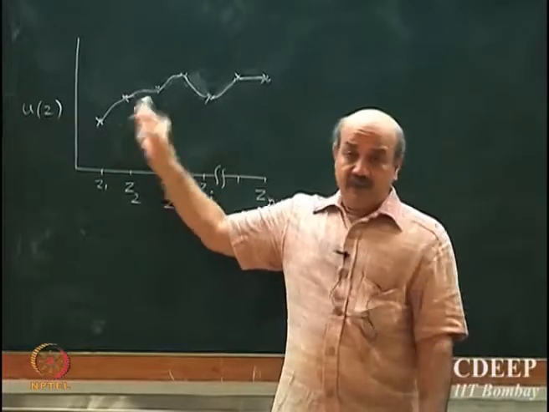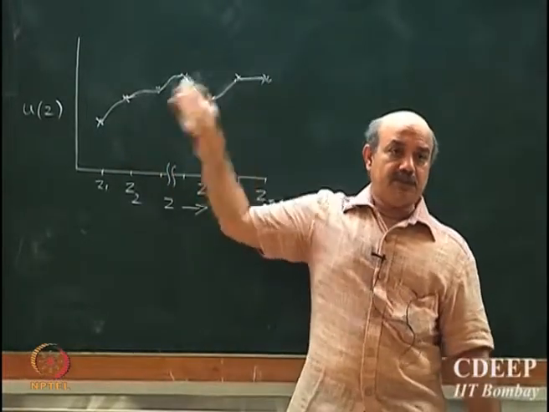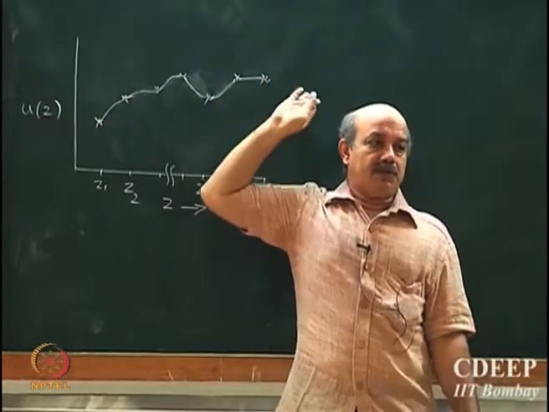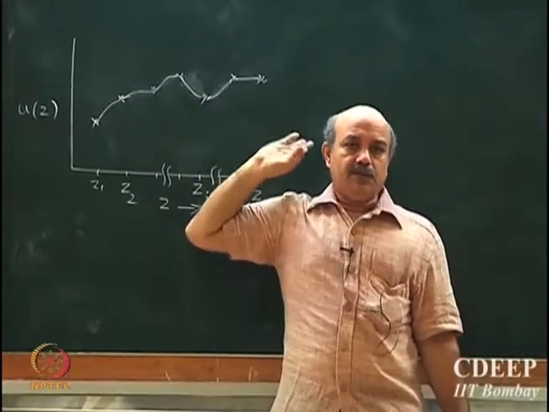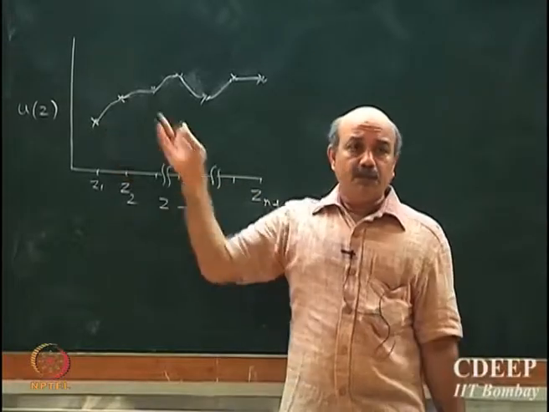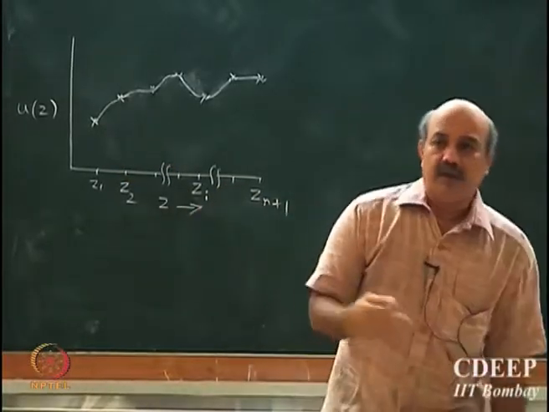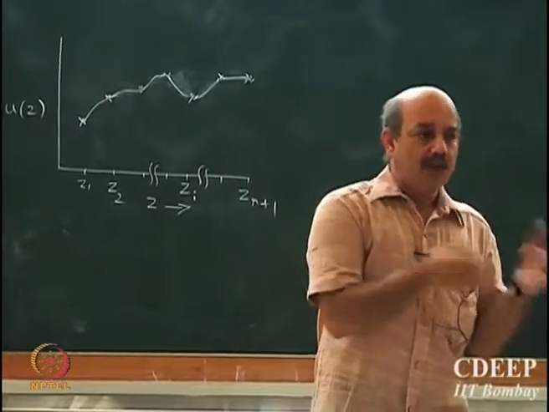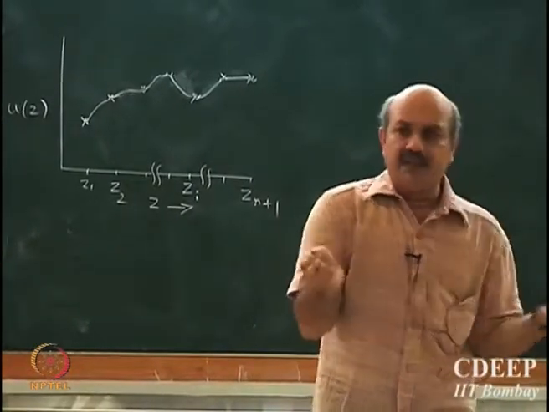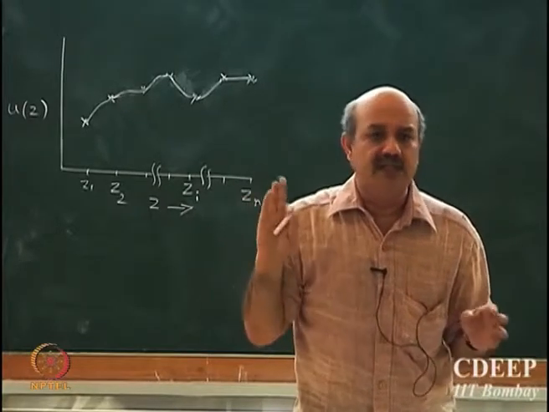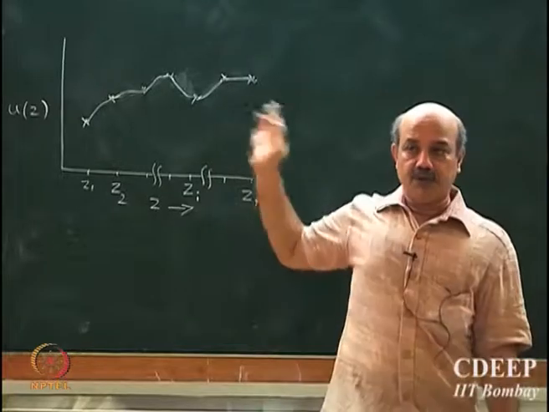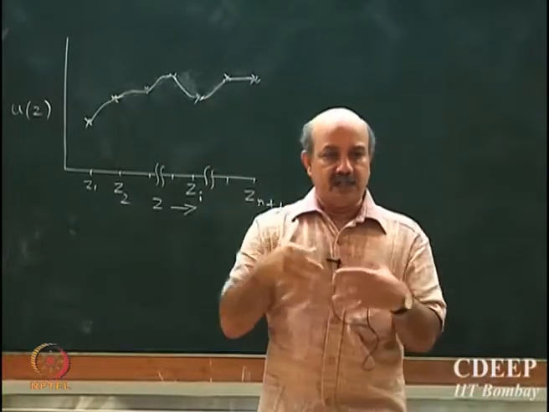So you can very well develop piecewise linear, piecewise quadratic, piecewise cubic approximation. Depending upon what level of smoothness you need in your application, in some cases differentiability is not so important, you can have piecewise linear. In some cases differentiability is important, so you should have higher order polynomials and match derivatives and so on.